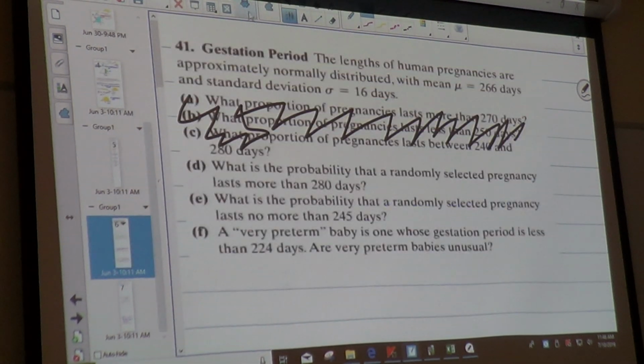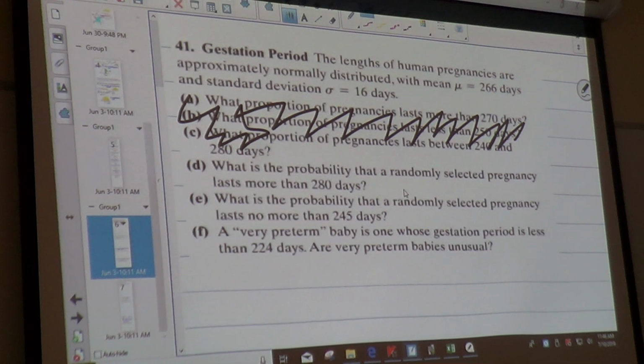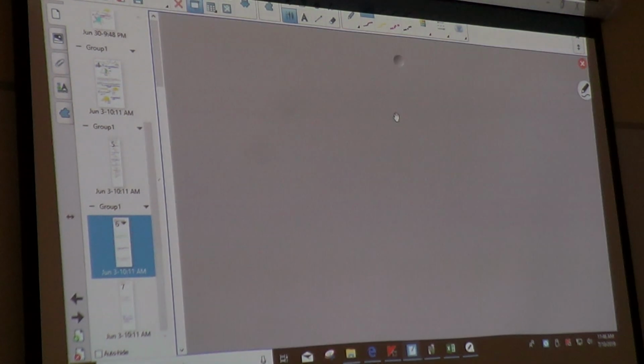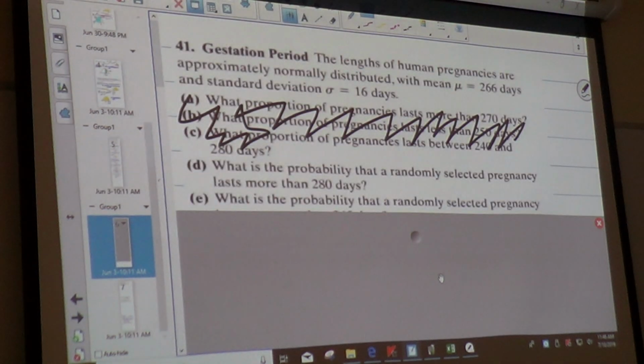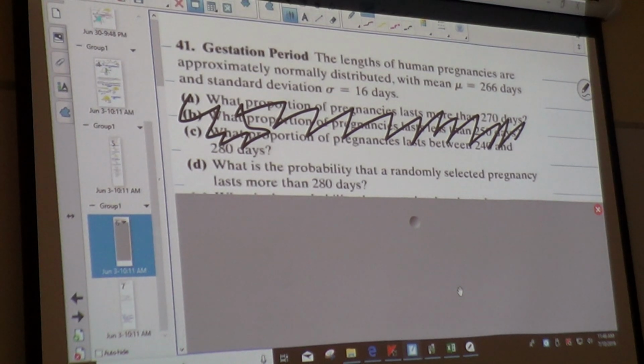Alright, let's look at part D. The length of human pregnancies are approximately normally distributed with a mean of 266 and a standard deviation of 16. What is the probability that a randomly selected pregnancy lasts more than 280 days?